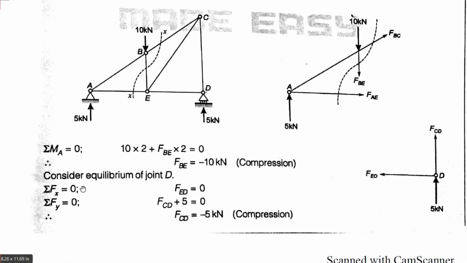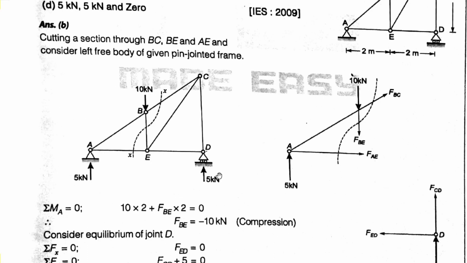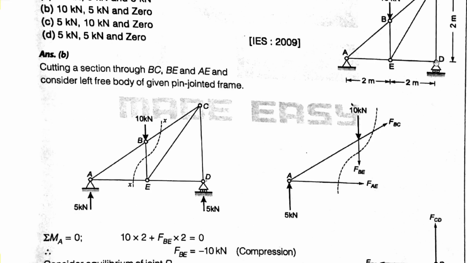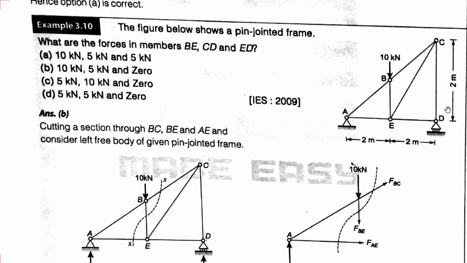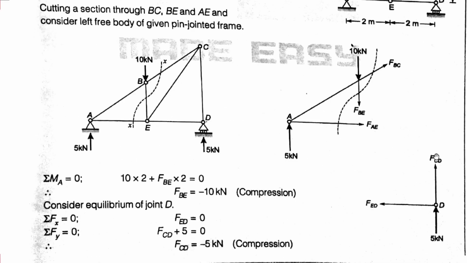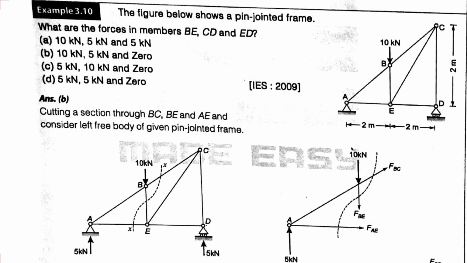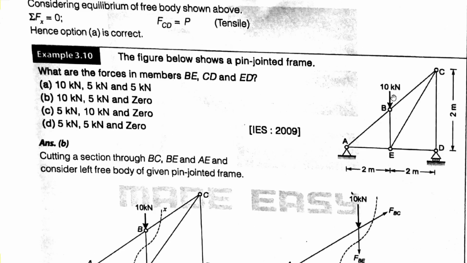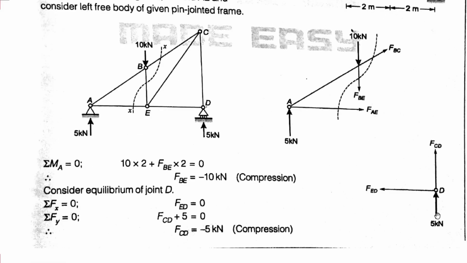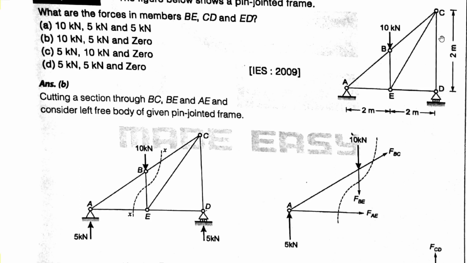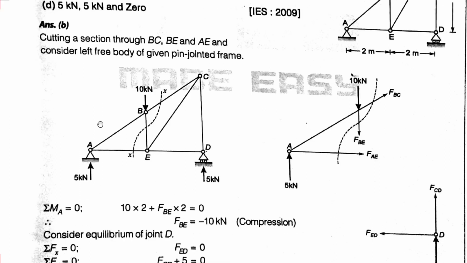Now consider equilibrium of joint D. This is the whole truss and the equilibrium portion of joint D is here. This is 5 kilonewton acting here. This is your 10 kilonewton, so 5 kilonewton here and 5 kilonewton here, and at D, the FCD value we need to find, and this is our FED member.